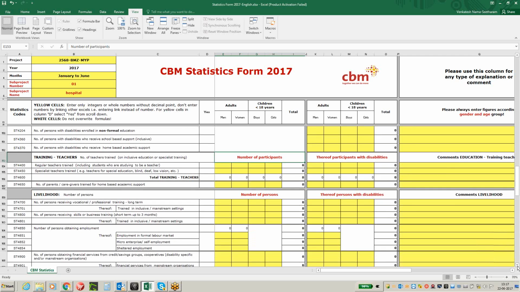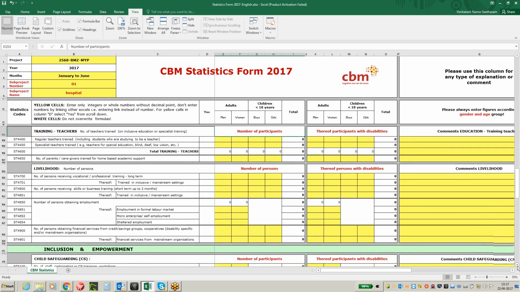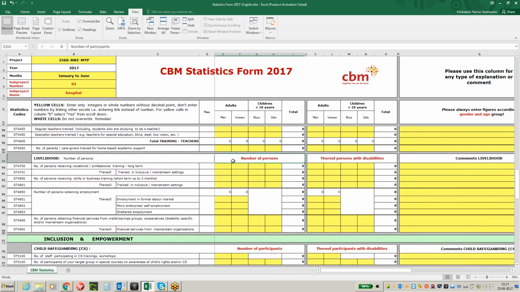Okay. The next section is livelihood. The same logic which we saw on the top, the number of persons and thereof number of persons with disabilities. This is, for example, number of persons receiving vocational training long term. Say there are 50 men who are receiving vocational long term training.